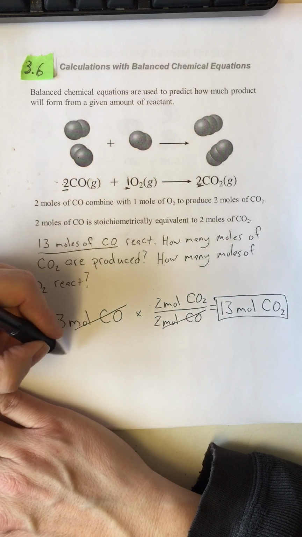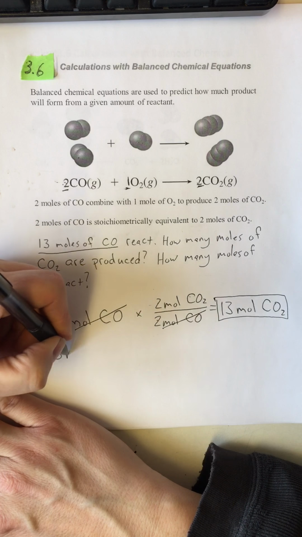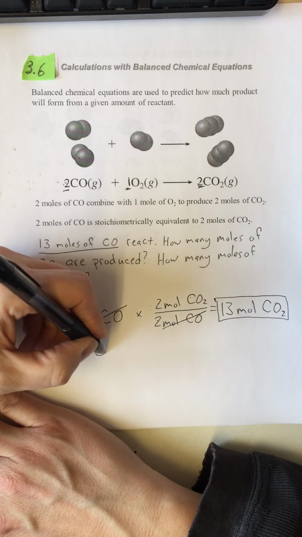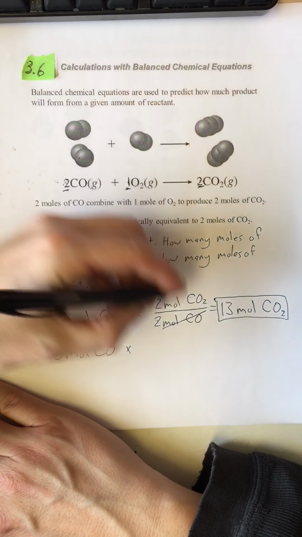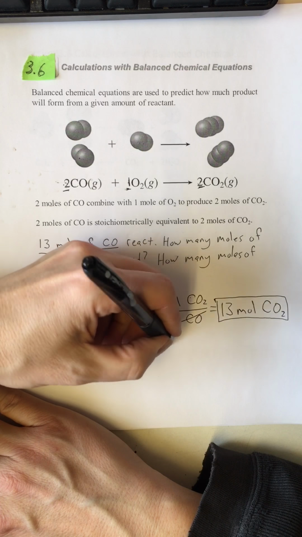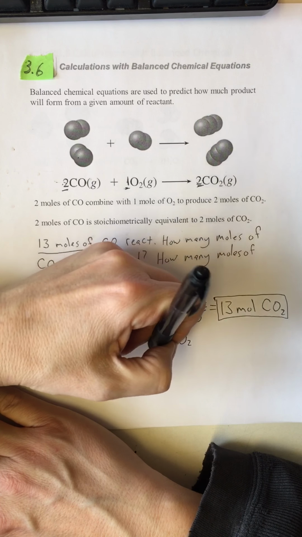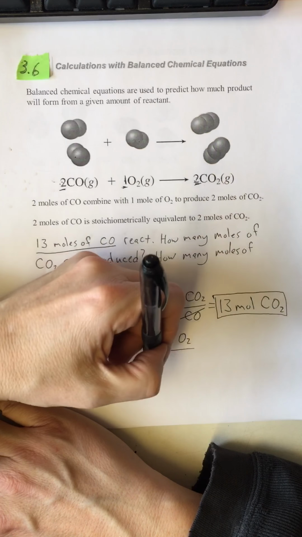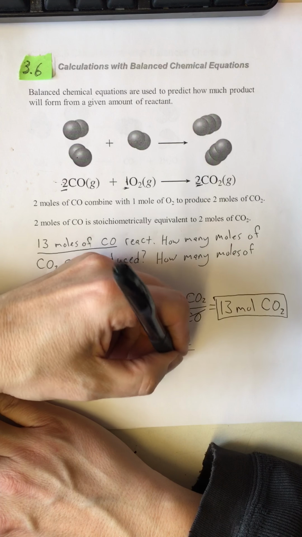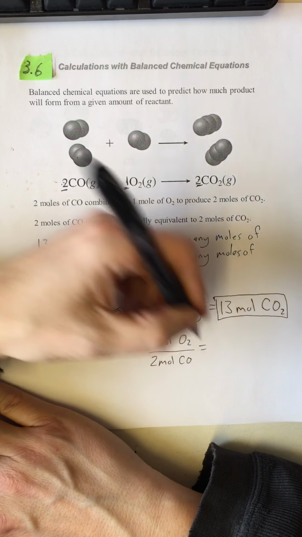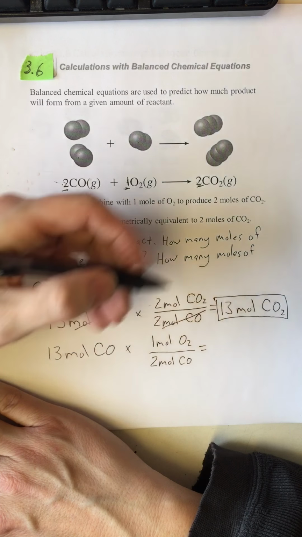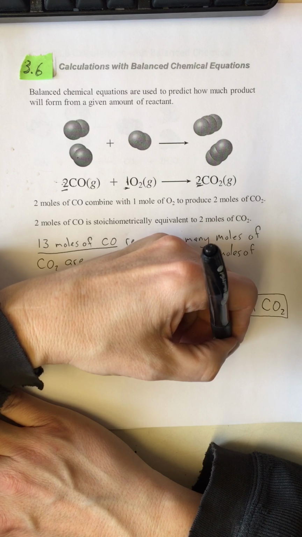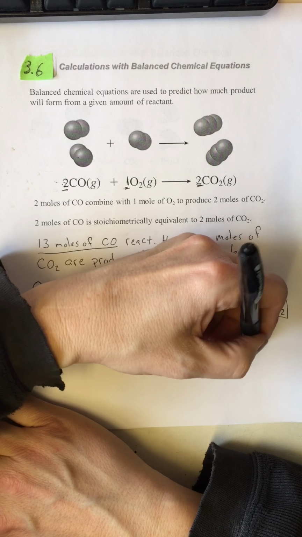Well, again, we know it's 13 moles of CO. But now the relationship is 1 mole of O2 reacts for every 2 moles of CO. Okay, 13 times 1 divided by 2, 6.5 moles of O2.